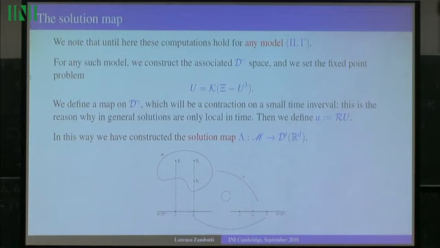So for any such model, we construct the associated d gamma space, and then we set the fixed point problem u equal to k psi minus u cube. So yeah, okay, let me finish and then we can comment. So we define a map on d gamma which will be a contraction on a small time interval.